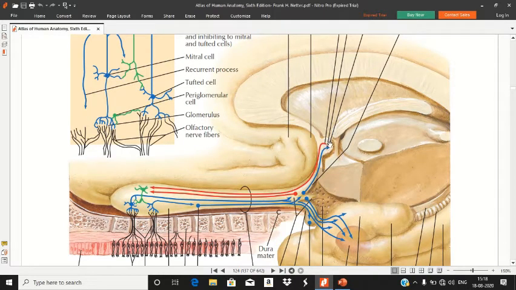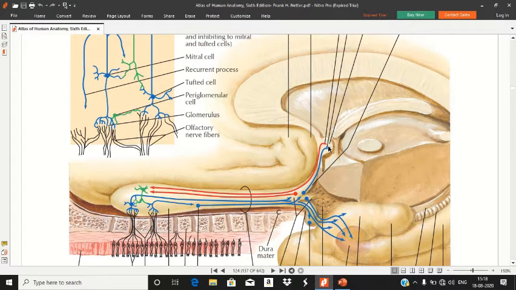We already discussed the anterior commissure in the white matter of the cerebrum, where the fibers join the right and left cerebral hemispheres through this anterior commissure.